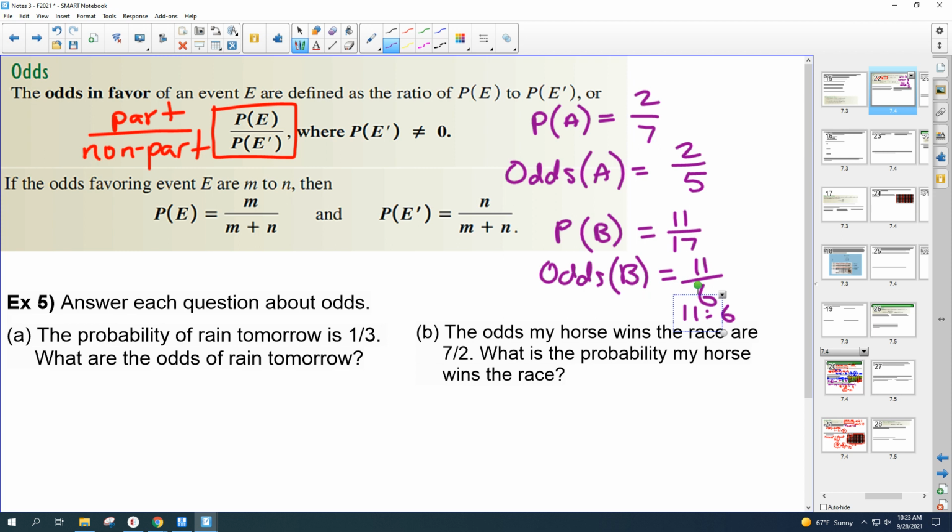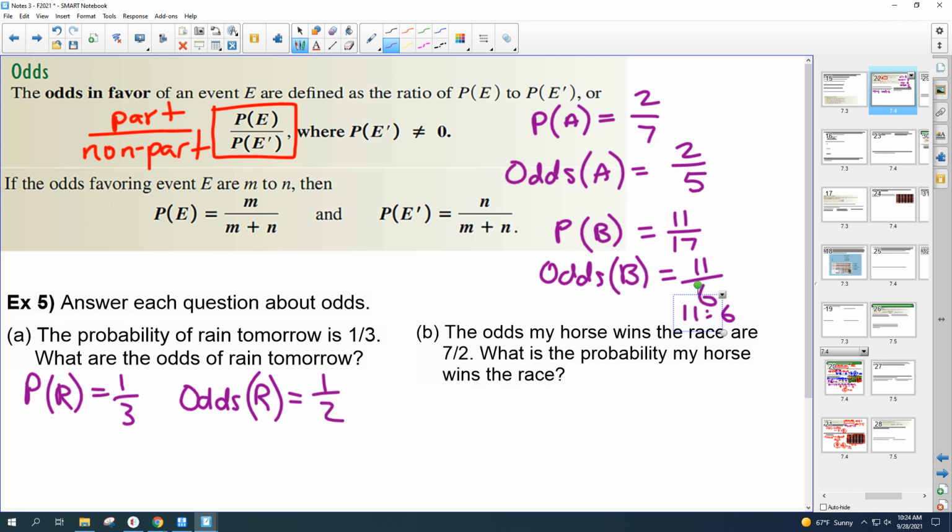Okay. So number 5, the probability of rain is 1/3. What are the odds of rain? Part to non-part. 1 to 2.